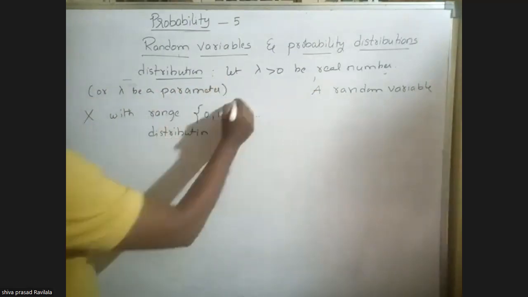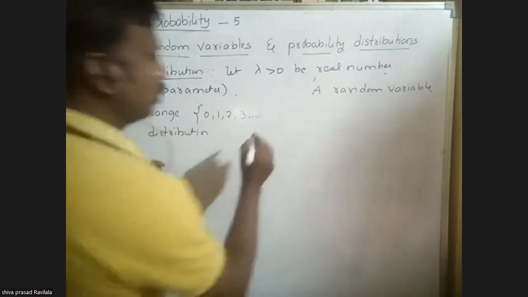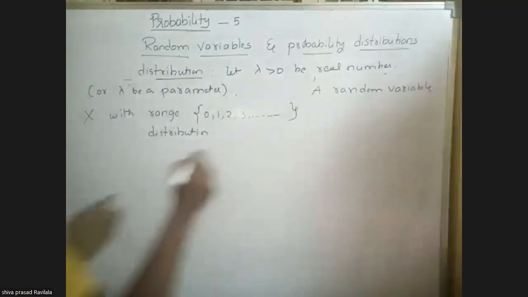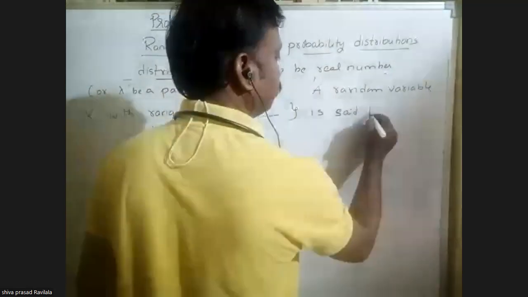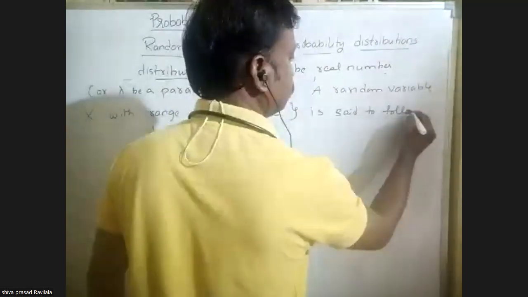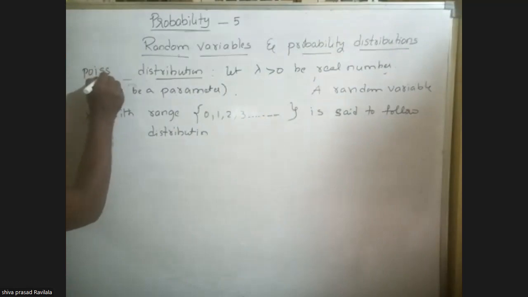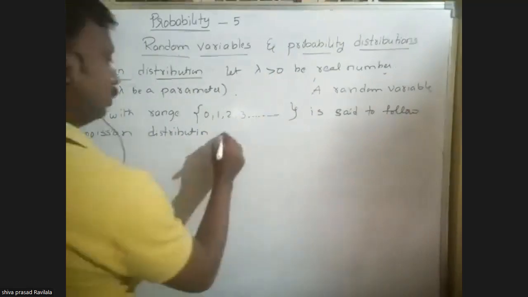That is only mean. Same, a random variable x with range 0, 1, 2, 3, and so on is said to follow Poisson distribution under the condition.